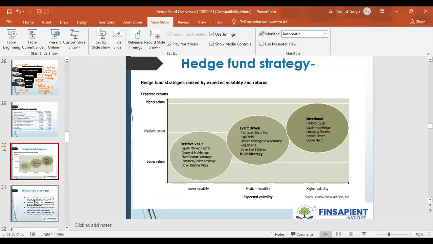There's no generalized strategy. All funds actually differ when it comes to the strategy they follow. So in that regard, I can maybe talk about different strategies at a very high level, and then we can touch base on some of the PPT as well.